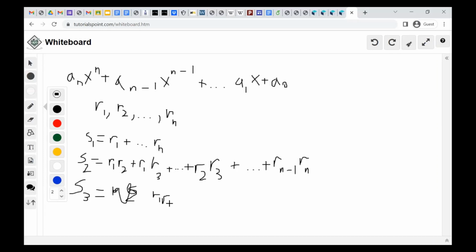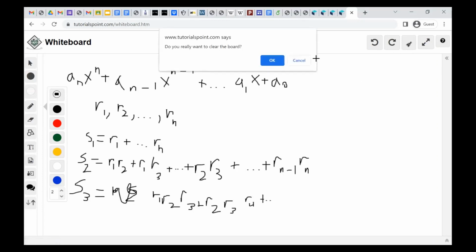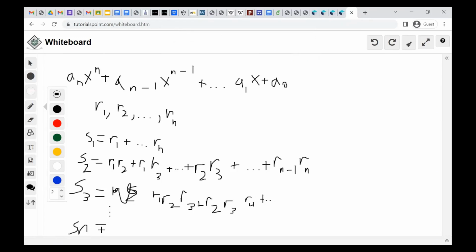So R1R2R3 plus R2R3R4 plus dot dot dot. In general, in the end, Sn will be the product of all possible n-tuples. Since there are only n roots, Sn will just be the product of the roots.